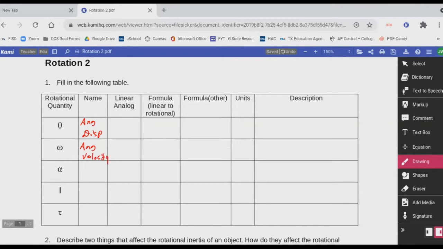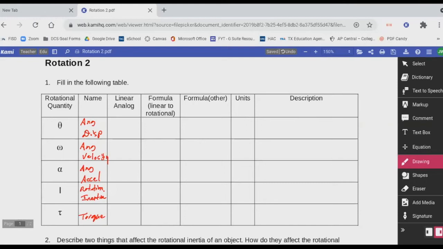The alpha would be angular acceleration. The I we learned today is rotational inertia. And the T there is torque. Okay, so just giving some names to the things. All right, I think I've caught up all that stuff.